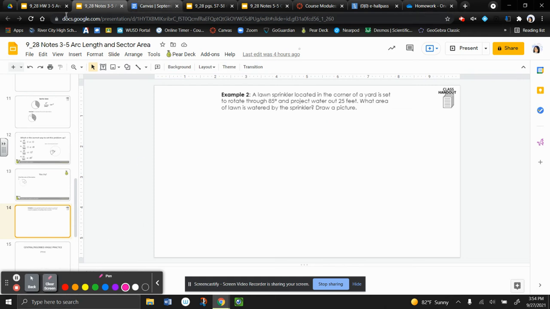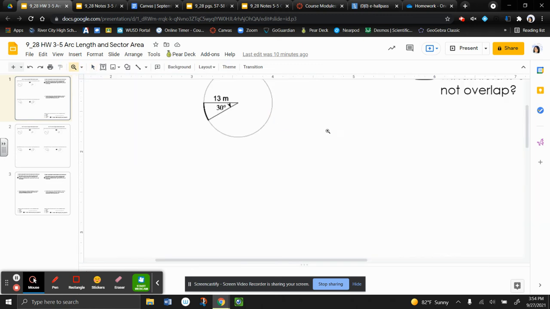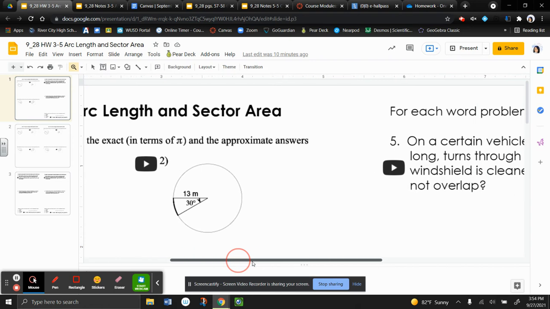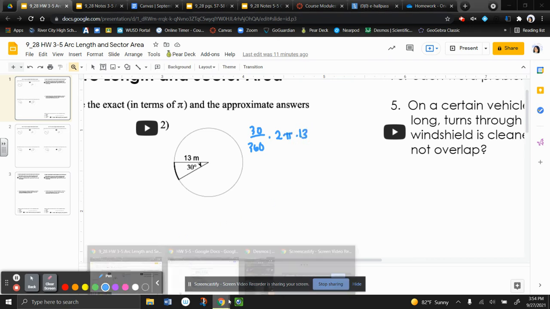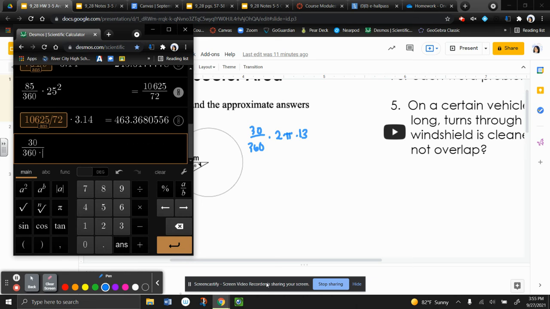Okay, so now let's take a look at a couple of the homework problems. So starting with number 2. So for number 2, we're looking for arc length. So you do need to make sure you're using the correct formula. So arc length, the fraction of the circle, times 2 times pi times my radius. Okay. So 30 over 360 times 2 times 13.